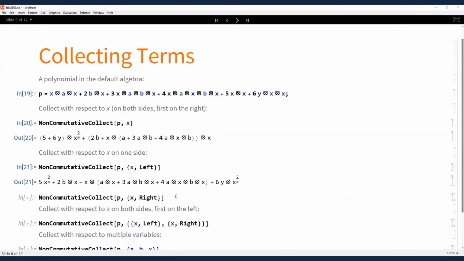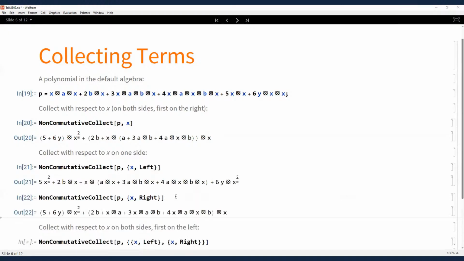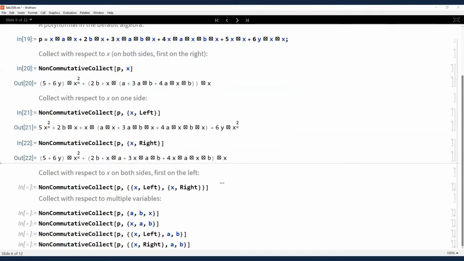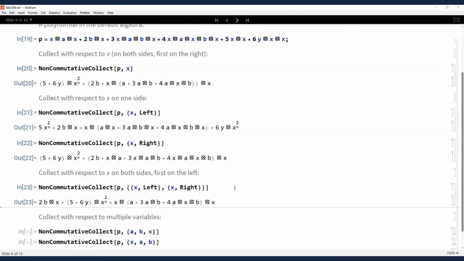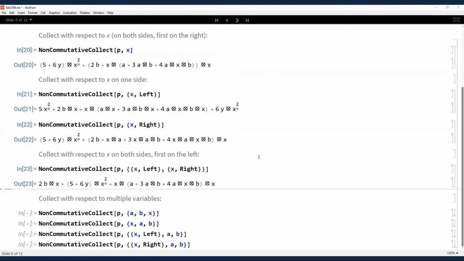This collects only on the right. Here this collects with respect to x on both sides, but first on the left, then on the right. So by default, it's first on the right. Here we specify that we want first on the left. So you can see each time we get a different result for this polynomial.